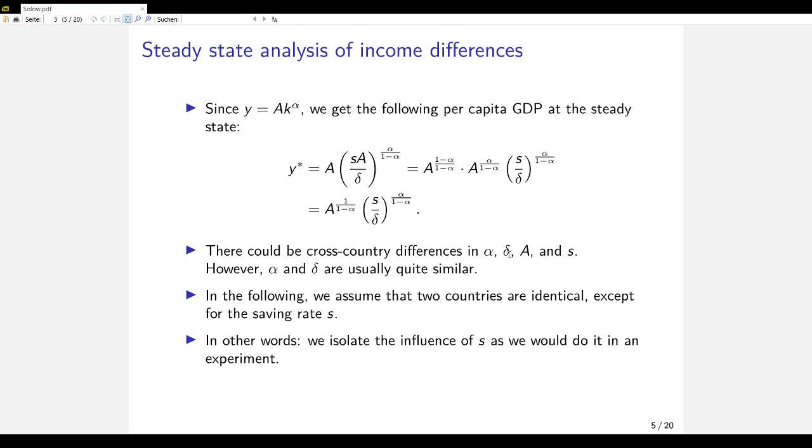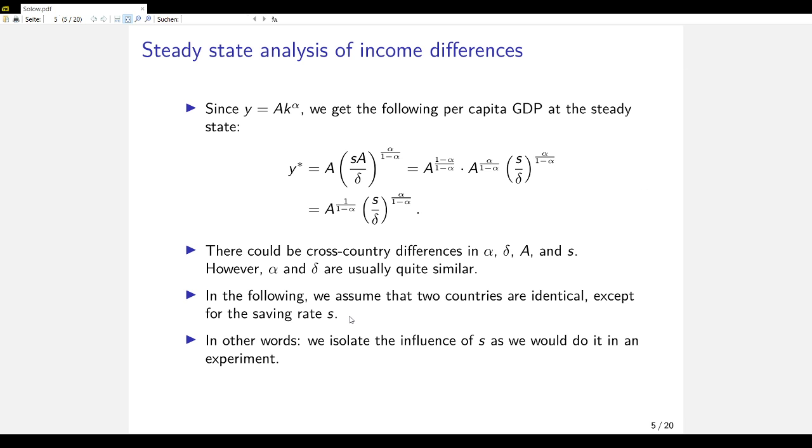So there is no reason why the rate of depreciation should be substantially higher in one country than in another. And also the output elasticity of capital is usually assumed to be rather similar. And for the sake of the experiment that we do, we also assume that technologies are the same across the two countries that we compare. So the only difference is the saving rate S.